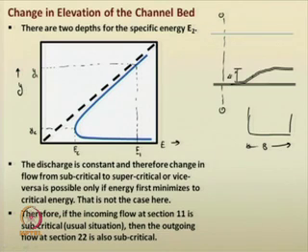The specific energy at the downstream section 2 can be given, as mentioned earlier, by E2 equals E1 minus del Z. Del Z is a known value to you. So, I will just deduct del Z from here, and observe the corresponding specific energy.